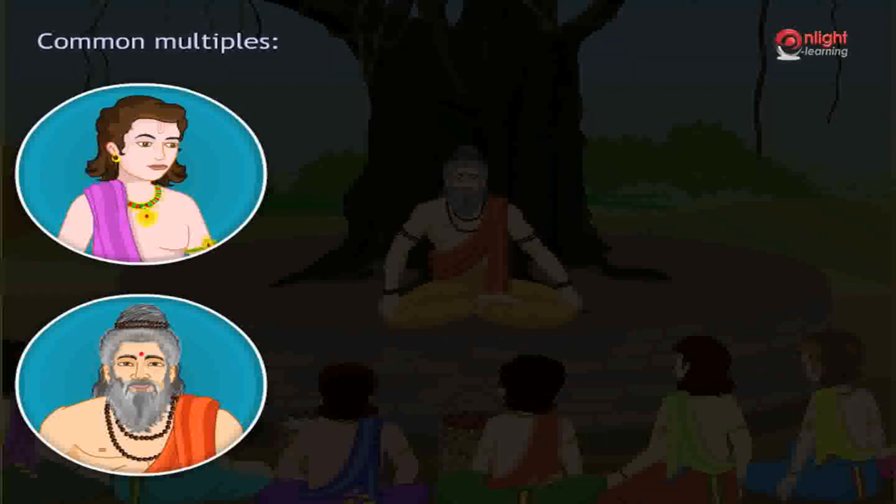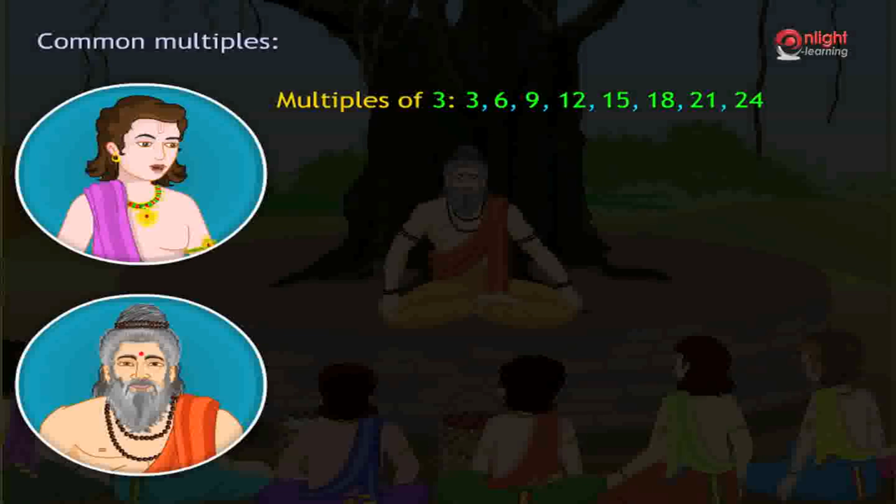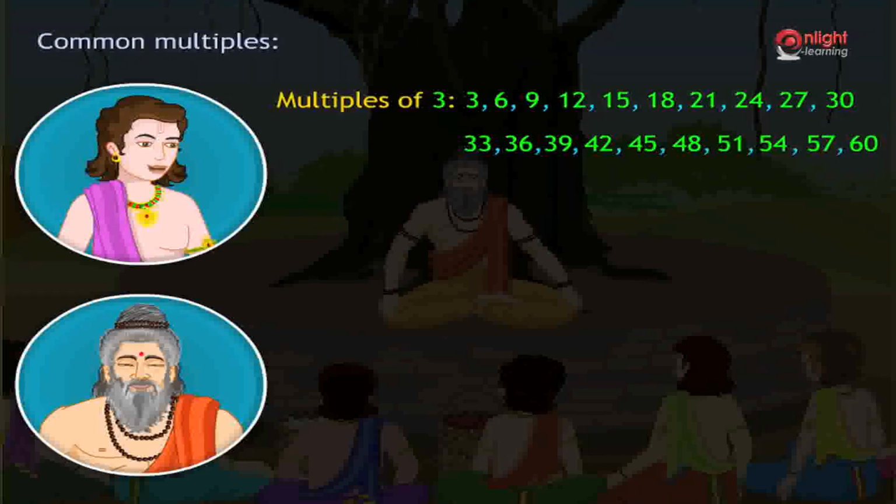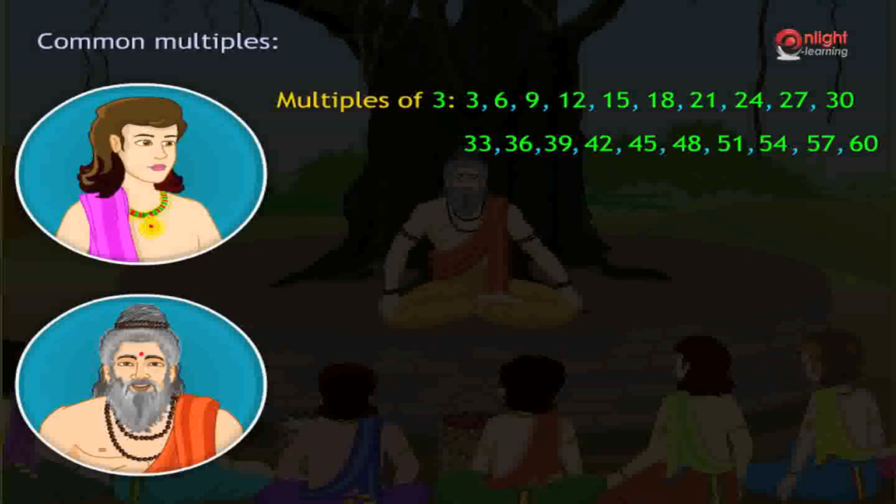Consider another example. List the first 20 multiples of 3. The first 20 multiples of 3 are 3, 6, 9, 12, 15, 18, 21, 24, 27, 30, 33, 36, 39, 42, 45, 48, 51, 54, 57 and 60. Good. Tell me the first 20 multiples of 6.